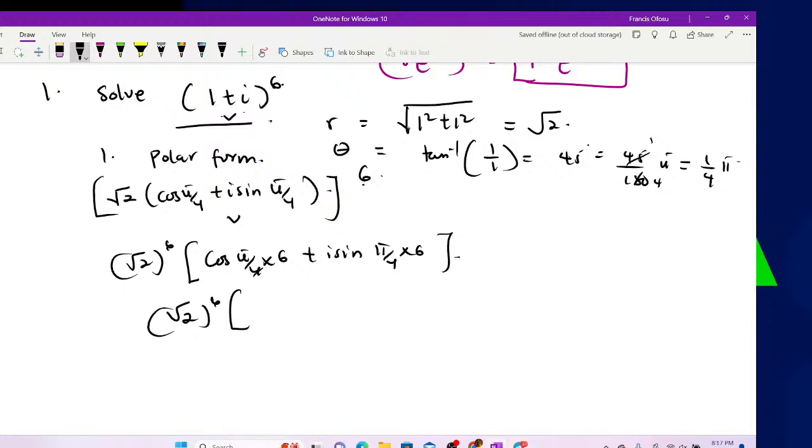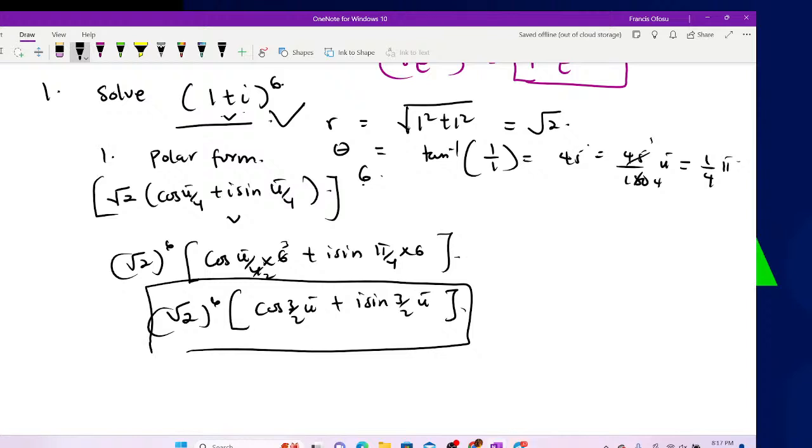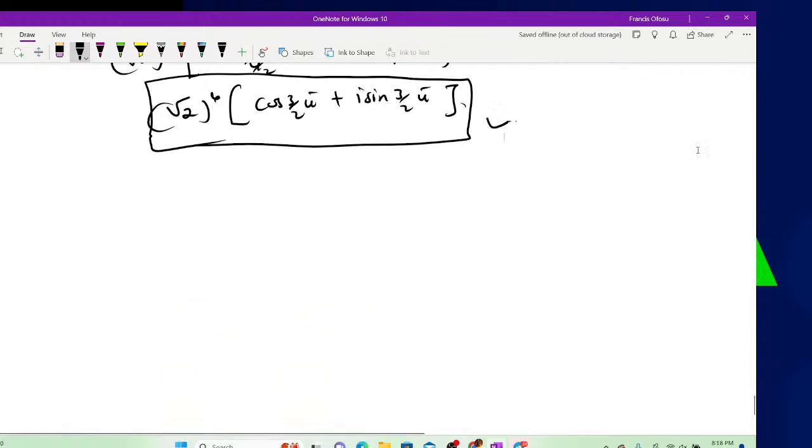Then 2 goes into 6 three times, so that is 3 over 2 pi. So cos 3 over 2 pi plus i sine 3 over 2 pi. So this whole thing has been simplified using De Moivre's theorem. And this is how it works. As I said, De Moivre's theorem only works for polar form representations.